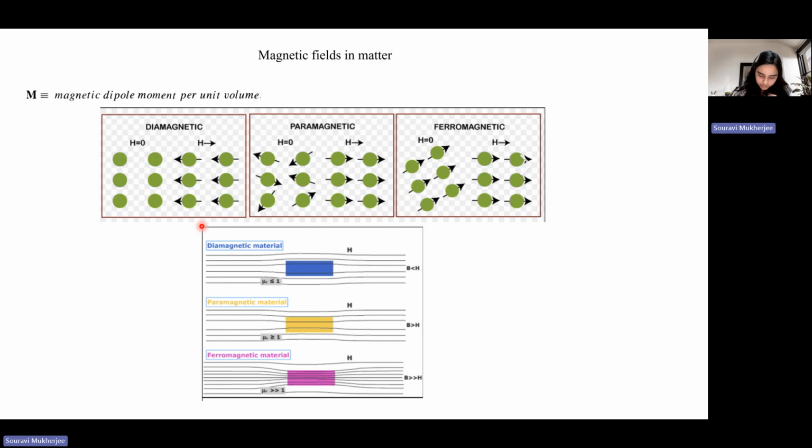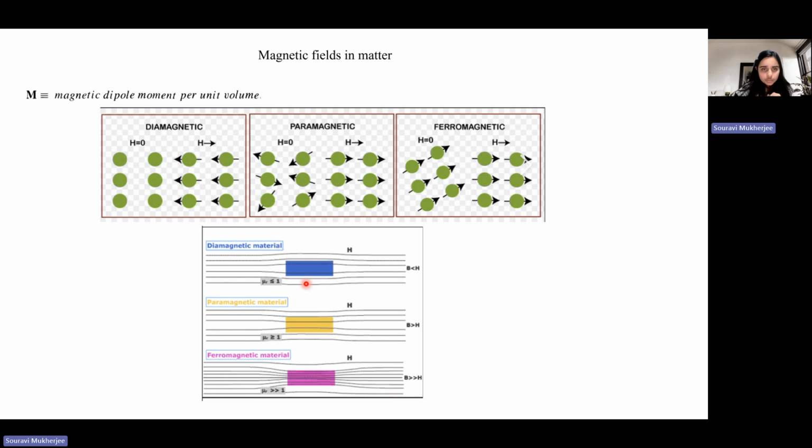Each of these current loops is an individual dipole moment. When you apply an external magnetic field to a diamagnetic material, these moments align in a direction opposite to the field, because of which the net field inside a diamagnetic material is less than what you have outside. And if there is no external magnetic field, then there is no field inside your diamagnetic material.